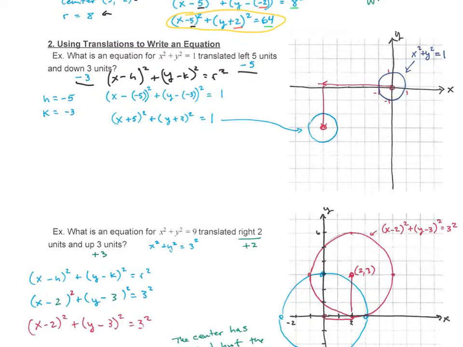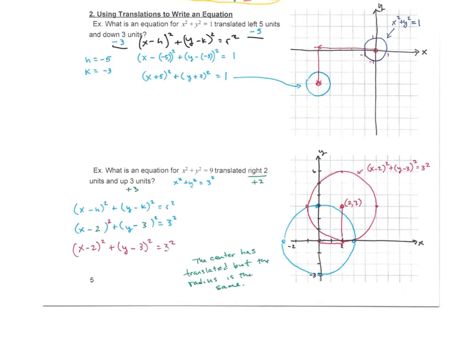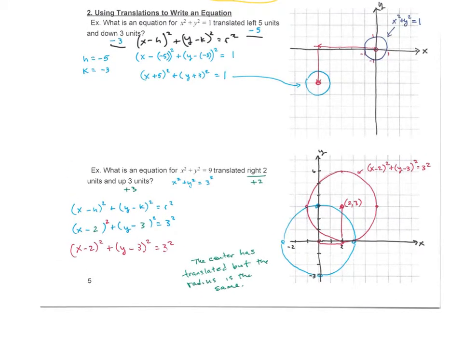Remember with translations that things remain the same shape and size. As we go forward into this next example, it's asking us to write the equation for x² + y² = 9, translated right 2 units and up 3 units.